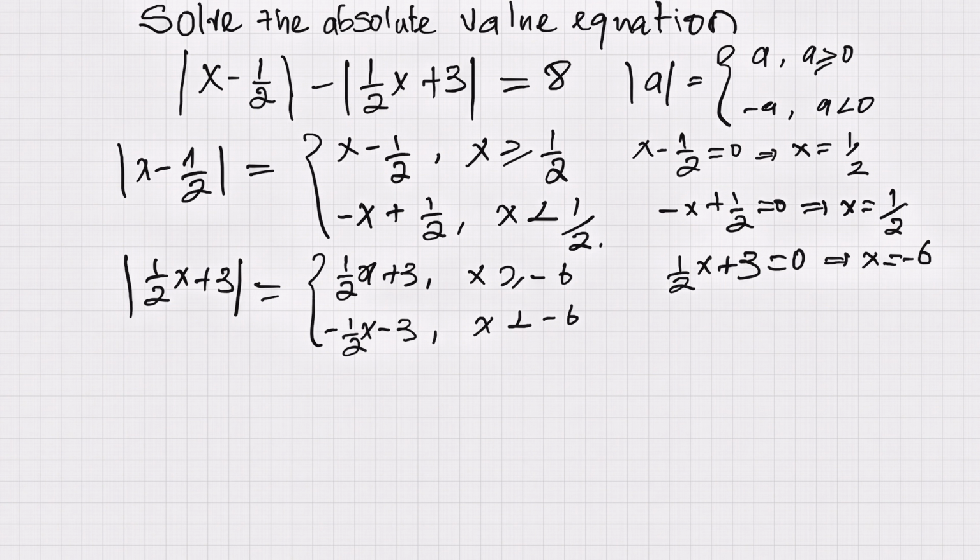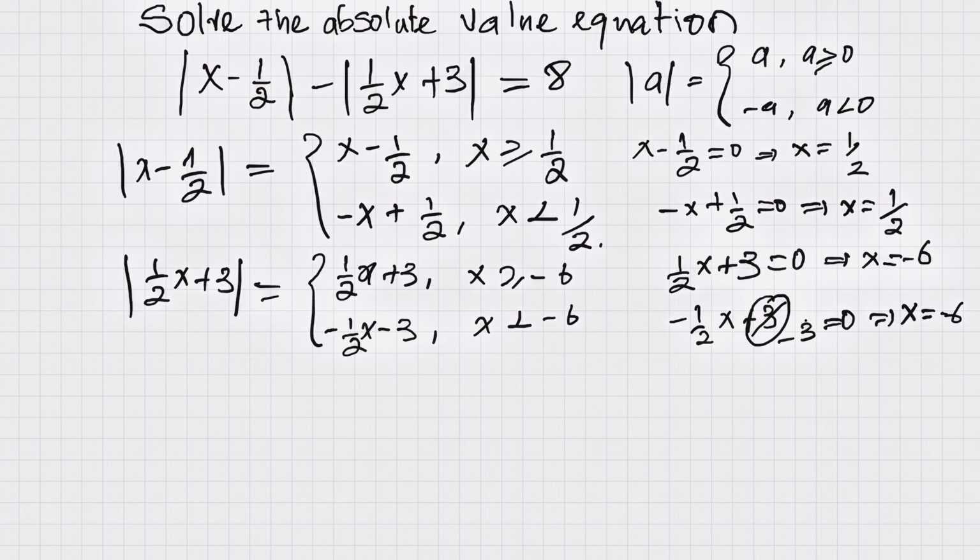So when it's negative, we'll be solving what? Half x plus 3 equal to 0 will mean what? X is equal to, all right, I would like to look at the different scenarios.